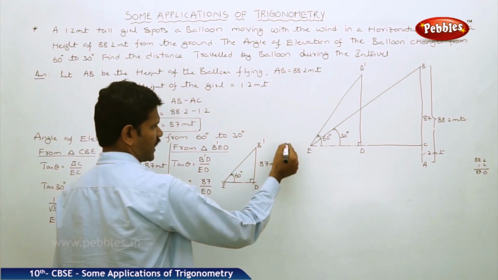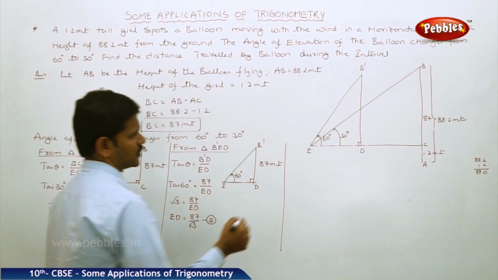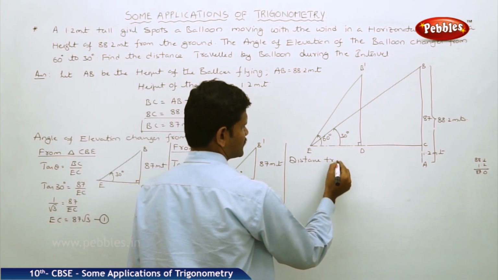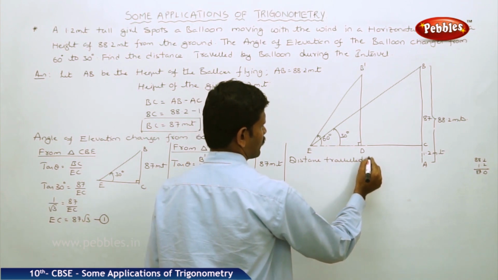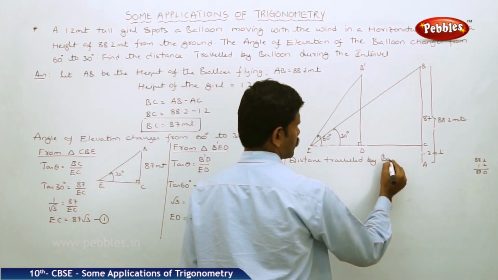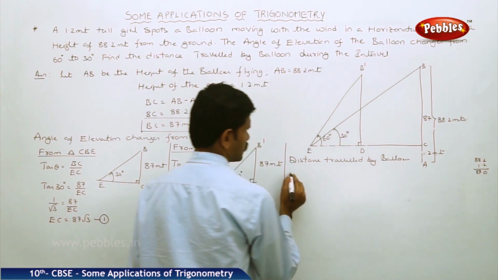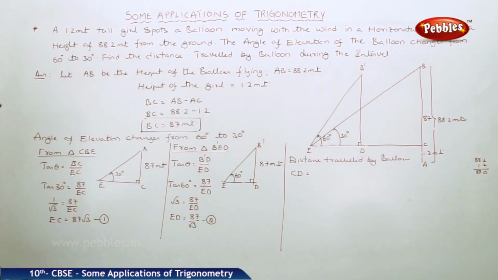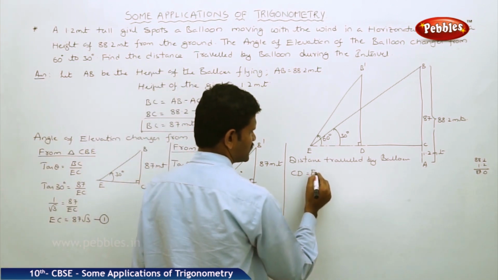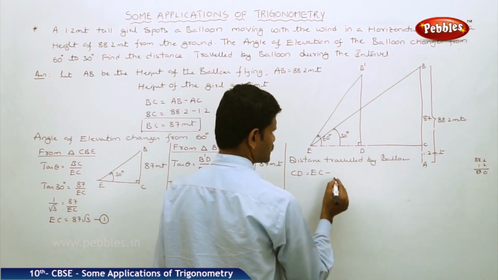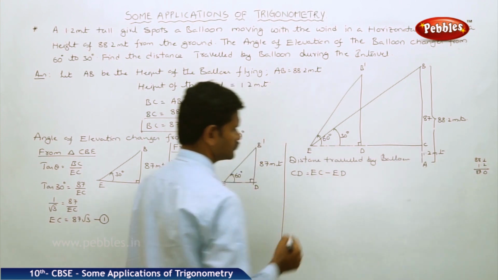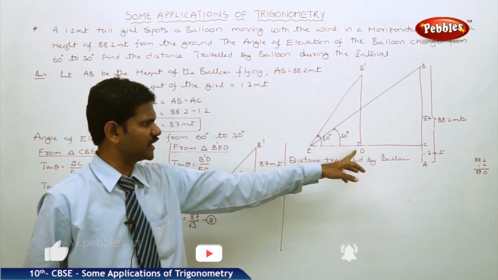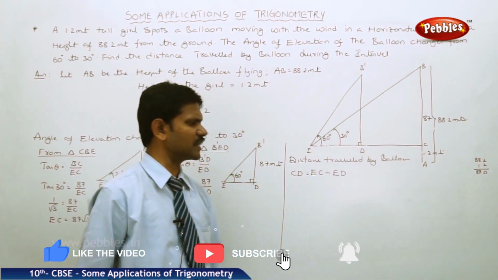Now from the diagram, the distance travelled by the balloon is CD. Now CD is equal to EC minus ED. From the total value EC, if you subtract the ED value, you get the CD value.